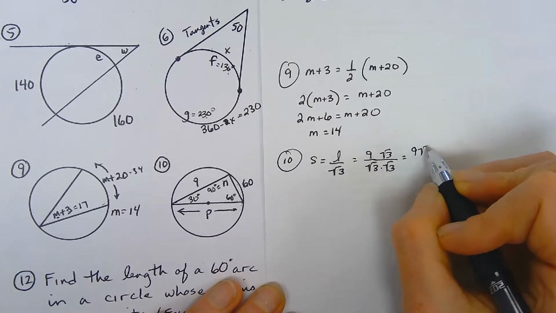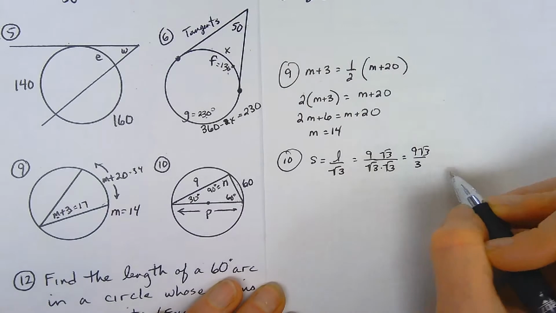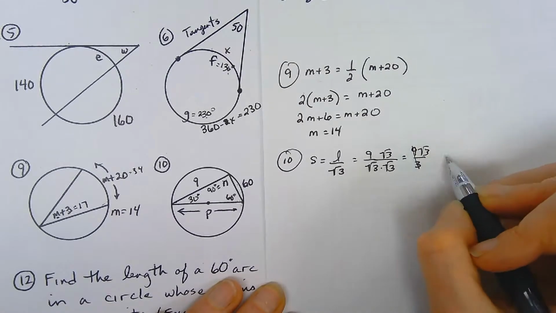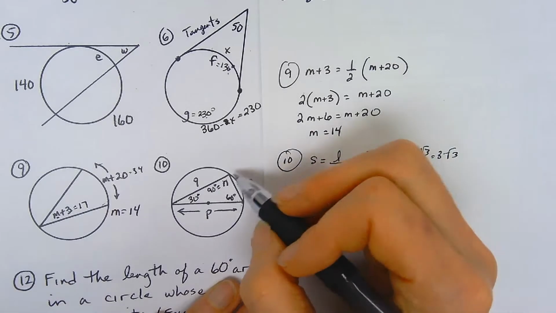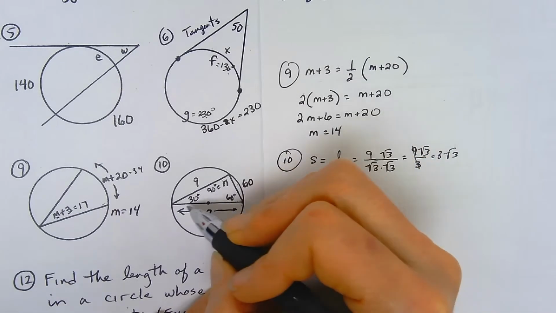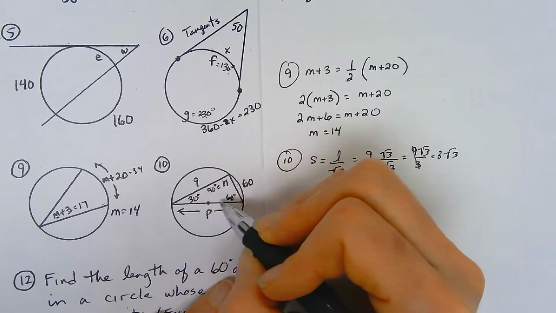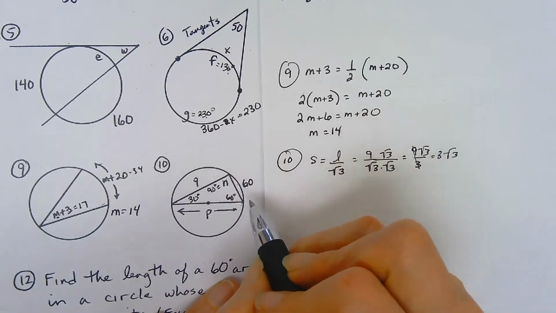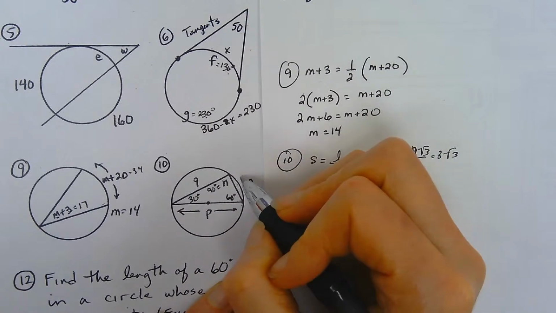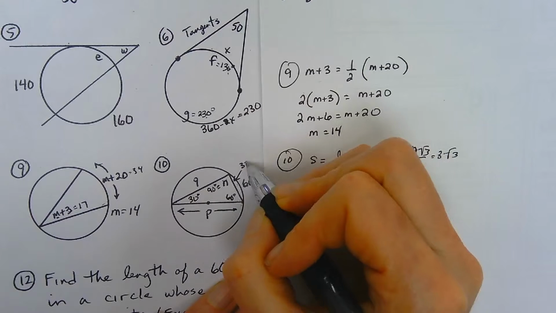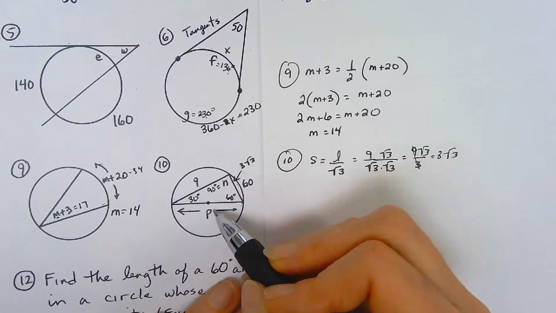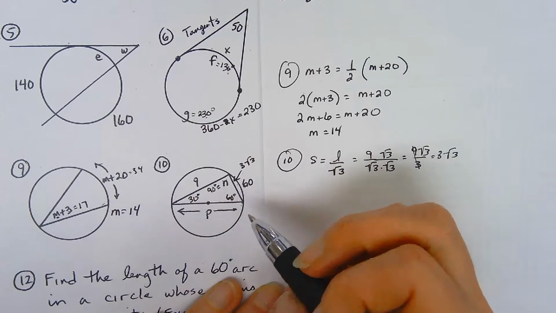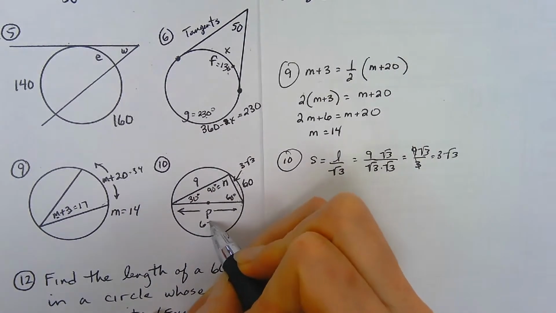We get 9 rad 3 over 3. Simplifying that gives 3 rad 3. When we are trying to find a side of a 30, 60, 90, you have to find the short side first. 3 rad 3. Now I just double it, and that will be P. P will be 6 rad 3.